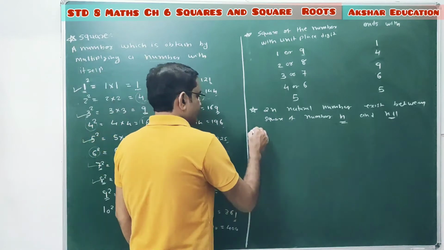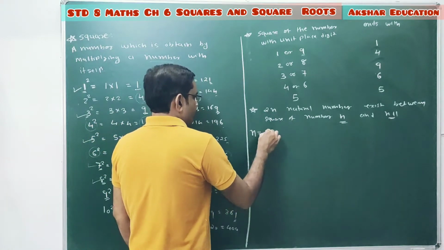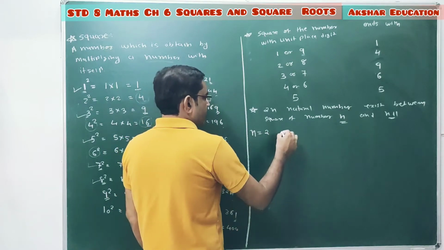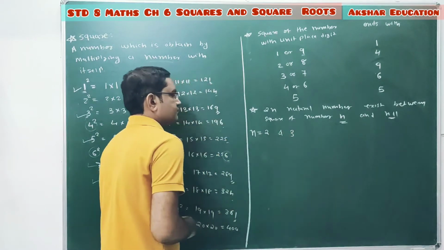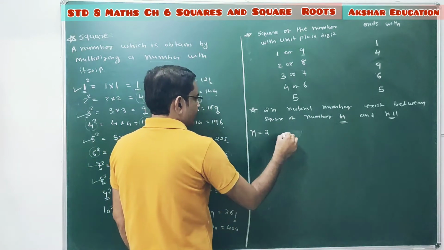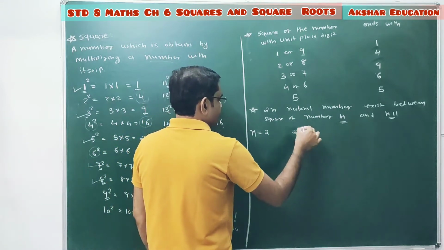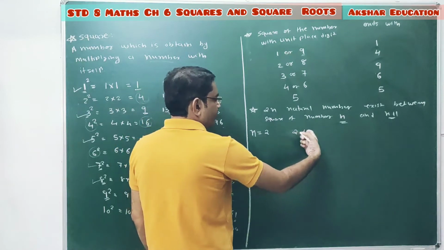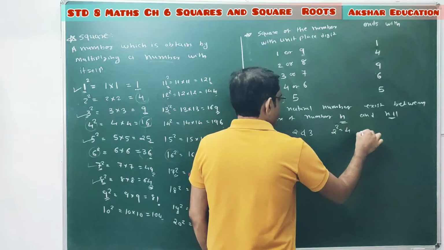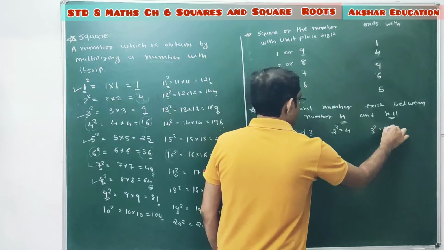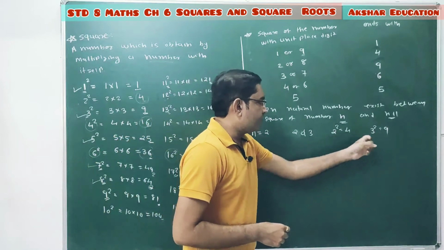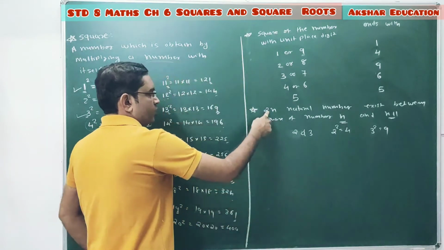For example, let's take n equal to 2, so our two consecutive numbers are 2 and 3. Between the square of 2 and 3, where 2 square is 4 and 3 square is 9, there are a total of 2n numbers.